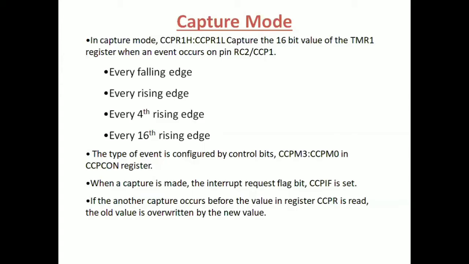So the values of the timer 1 register are continuously captured by the CCP register. If you fail to read the CCP register value, the previously captured value will be overwritten. The captured value is useful for measuring the time durations of external clock signals. If you measure the time durations of external pulses, that can be used to measure the frequency of an external signal applied to the RC2 pin as well.